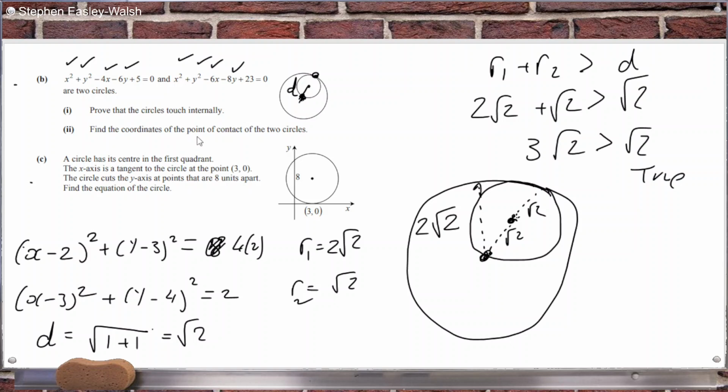Find the coordinates of the point of contact of the two circles. Interesting. So where do they meet now?